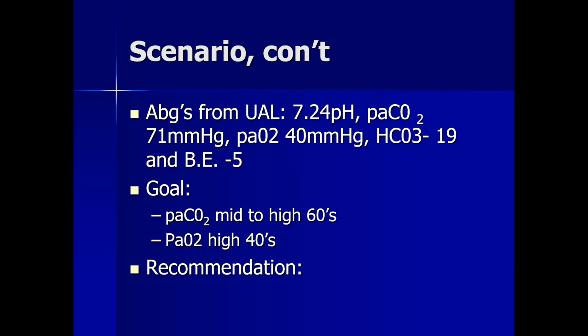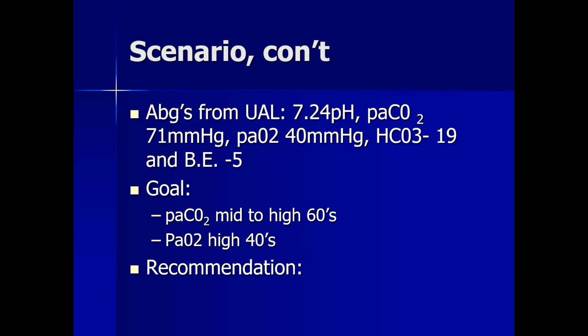The settings are hertz, amplitude, FiO2, and mean airway pressure. Increase the amplitude, very good. It was kind of like 1 for 1. If you want to blow off 4 millimeters mercury of CO2, you increase your amplitude about 4.